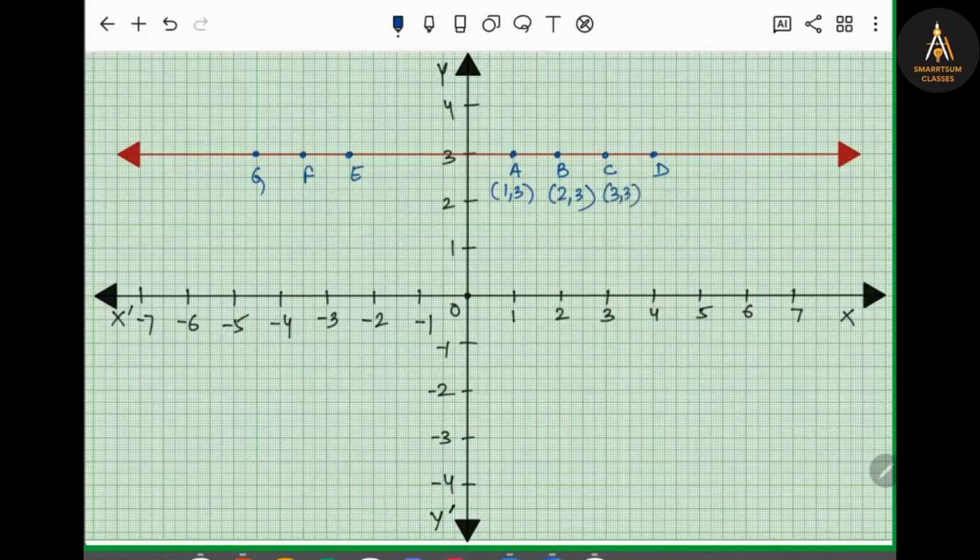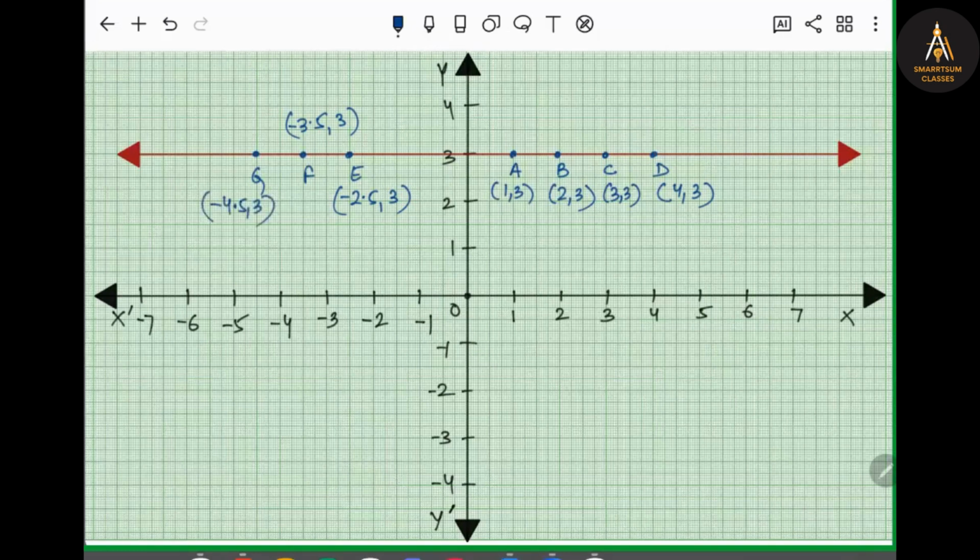For D, 4, 3. Similarly, this side for E, minus 2.5 comma 3. For F, minus 3.5, 3. And for G, minus 4.5, 3.